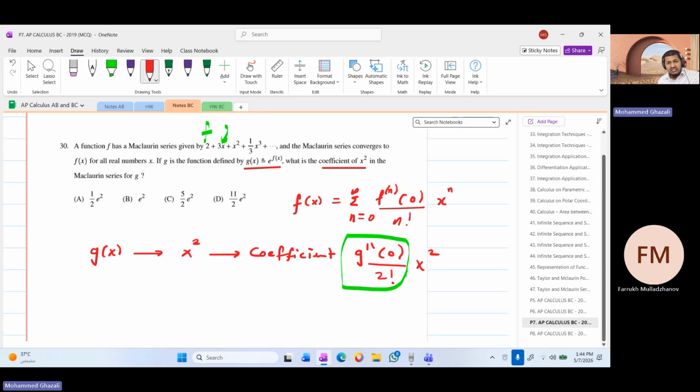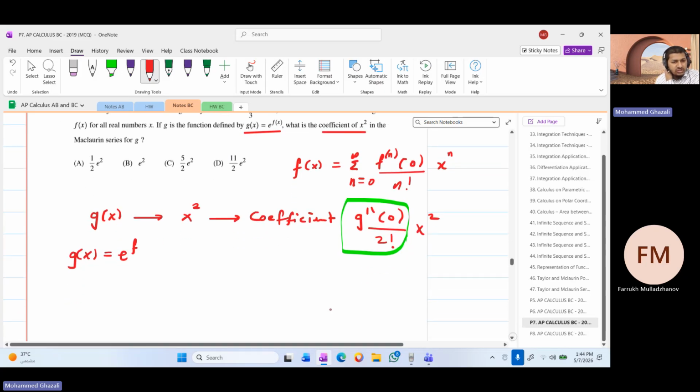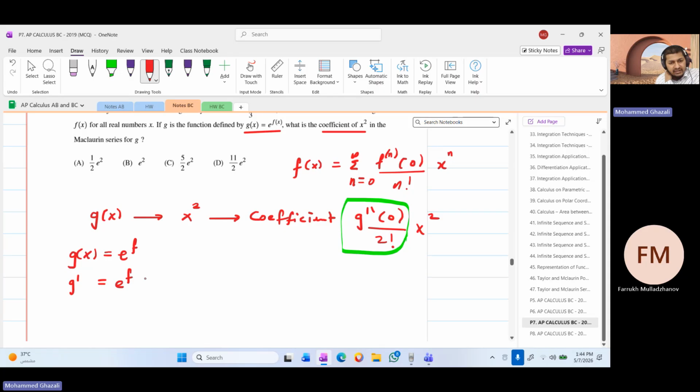So now, what is g of x? g of x is e to the power f. What is g prime? It is e to the power f times f prime. What's g double prime? Because we can find g double prime evaluated at 0.